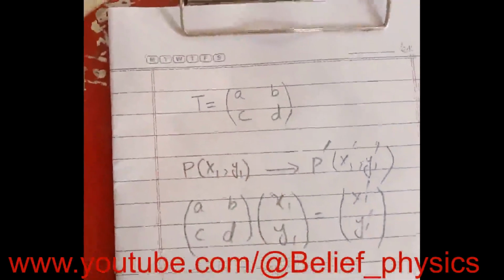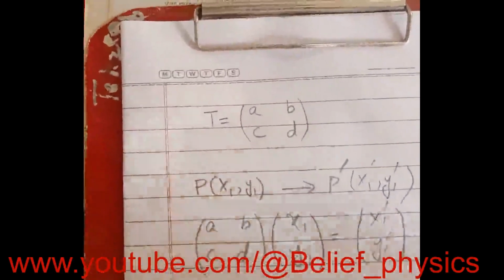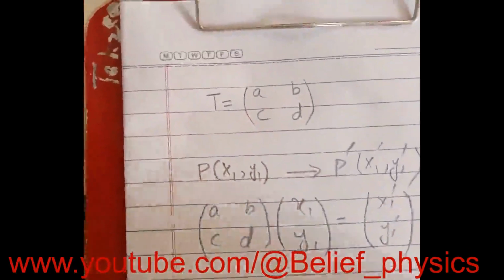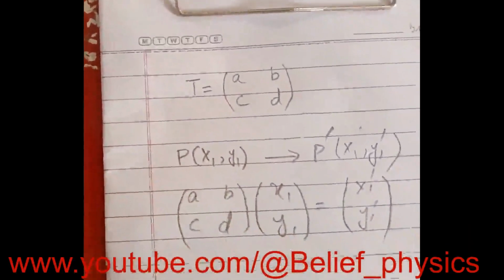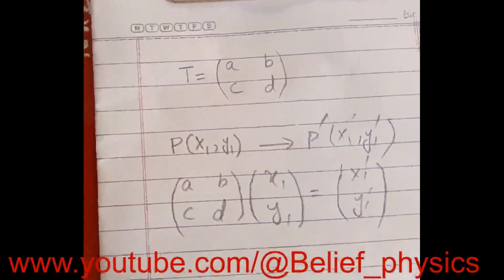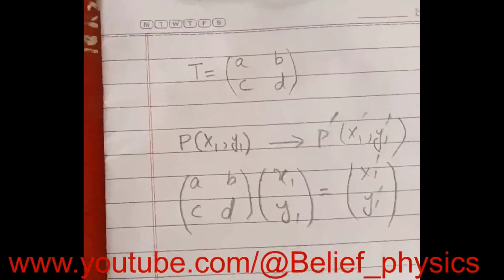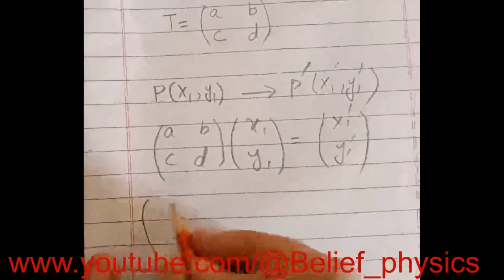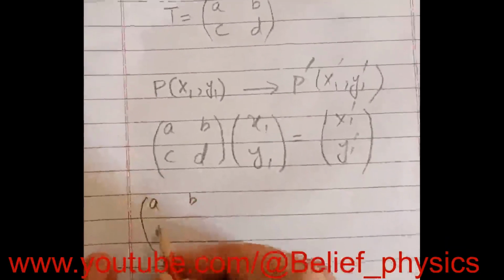This is the process. We will have 4 equations and we can find these unknowns. This is the general process. We don't need to know what the transformation is. It can be shear, it can be reflection, it can be any other transformation. Now here we suppose that our transformation matrix is A, B, C, D.